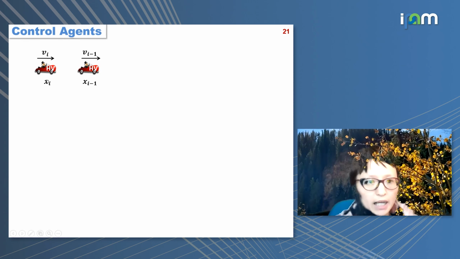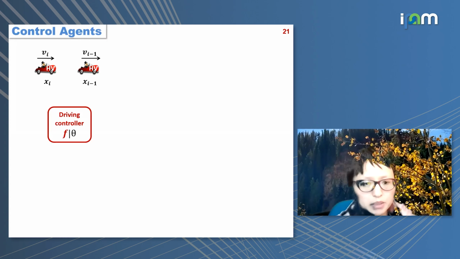We call the speed v_i and the position x_i. Usually people model the driving controller as a mapping F, parameterized by a set of parameters theta. The input, especially in a car following model, is the headway, the speed difference, and the current speed of this car i. Then they try to model the acceleration.